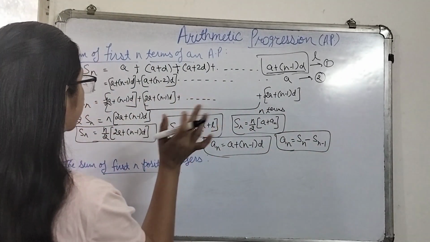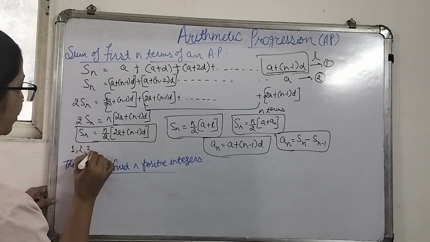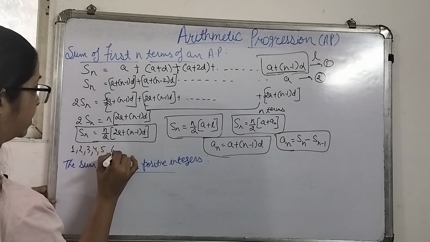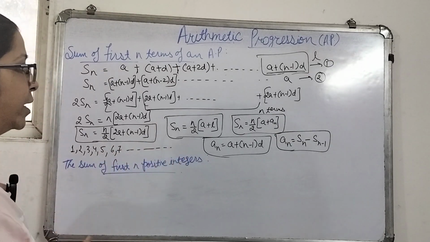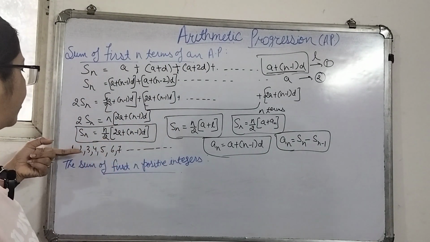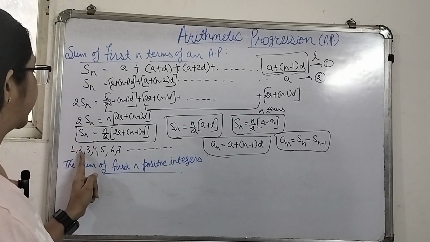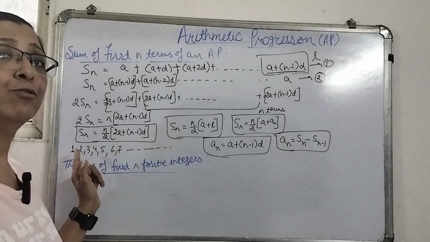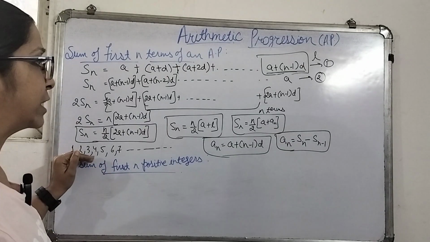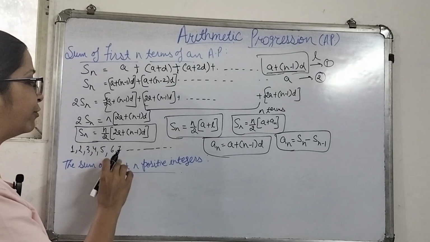Just check it out. Suppose a series is there: 1, 2, 3, 4, 5, 6, 7, like this. Suppose I am taking this series only. Here we have taken the first term as 1, that is a is 1, and the second term is 2, that means the value of d is 1 only. So a is 1, d is also 1. So whatever the term number is, that number is also the value of that term.